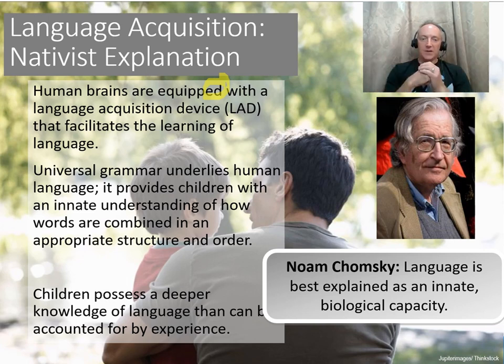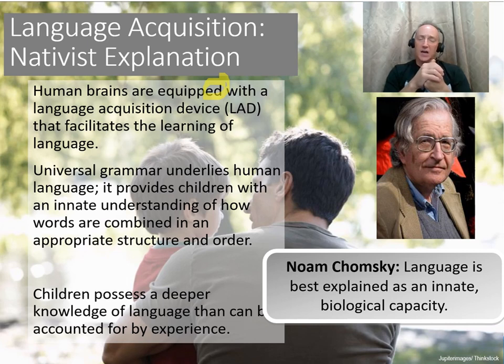Why would that be? Also, why would kids from around the world learning different languages develop at almost the same pace? Well, folks like Chomsky would say there's got to be something that's biologically determining it. There's got to be something about the human brain that allows us to learn language as quickly as we can and to generalize rules of grammar without having to hear every single example of everything we ultimately might learn to say.